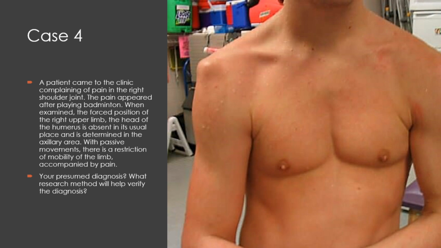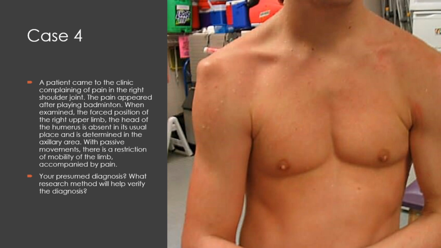Next case. Case number 4. A patient came to the clinic complaining of pain in the right shoulder joint. The pain appeared after playing badminton. When examined, in the first position of the right upper limb, the head of the humerus is absent in its usual place and is determined in the axillary area.